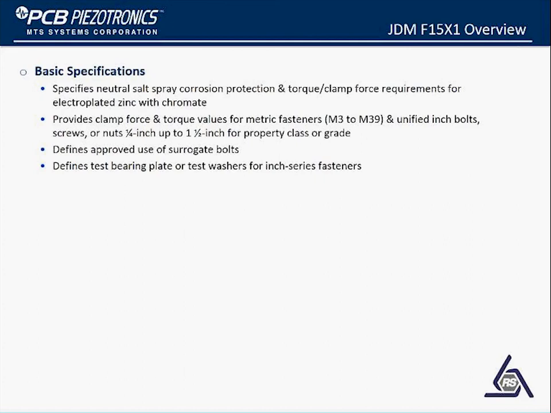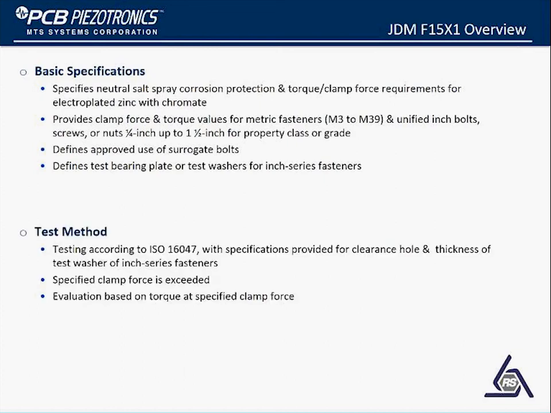It defines a test bearing plate and test washers that need to be used for inch series as well as for metric fasteners. And the John Deere standard specifies a test method, identifies testing according to ISO 16047 with specifications provided for clearance hole and thickness of the test washer for inch series fasteners.